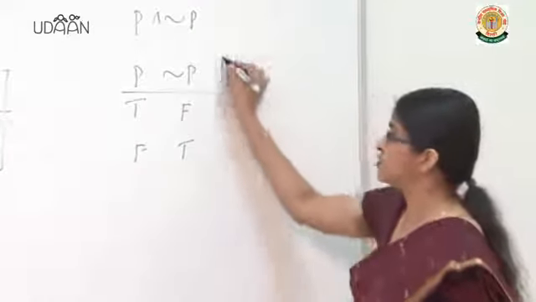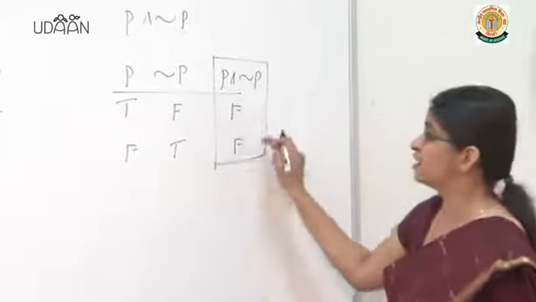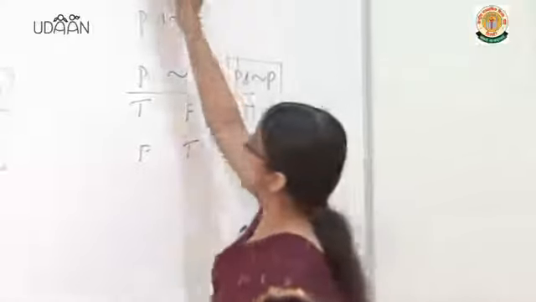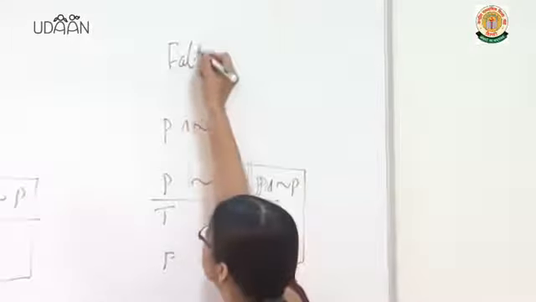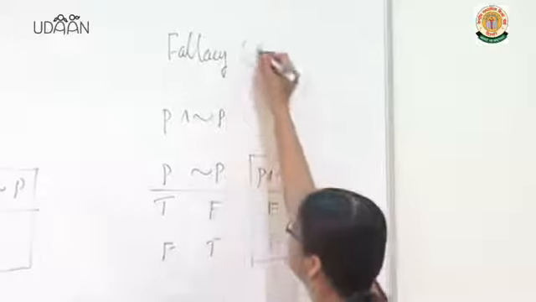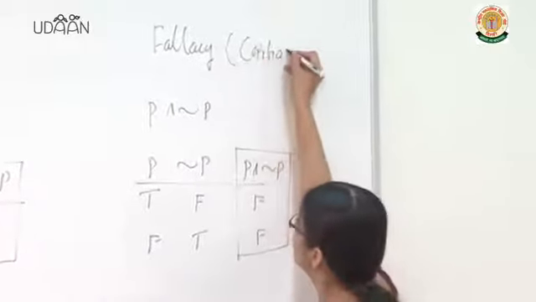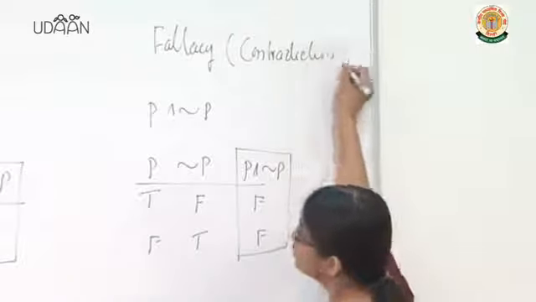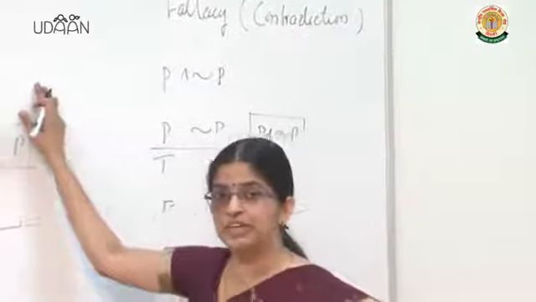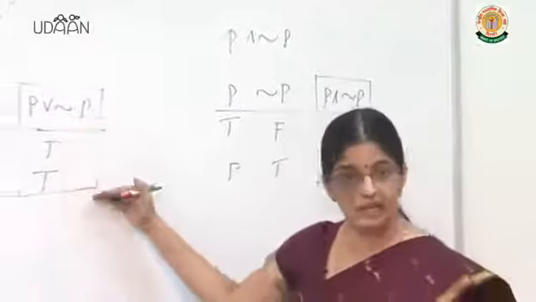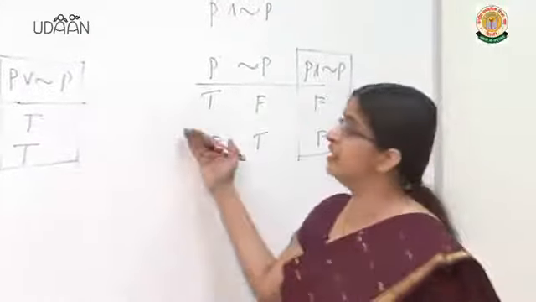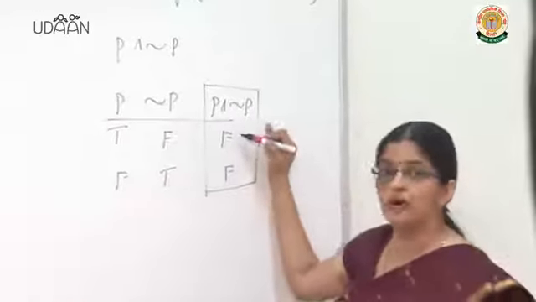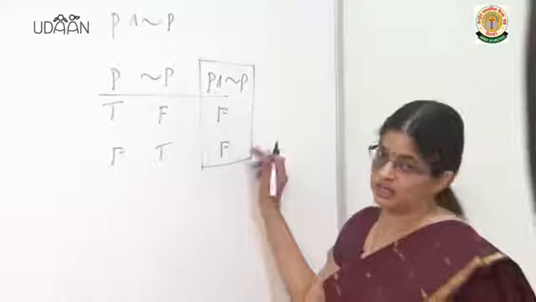When you see the last column, P and negation of P has truth value only F. Such statements are called fallacy, or sometimes contradiction also. So a tautology is a statement which has truth value T in all the cases, and a fallacy or contradiction is a statement which has truth value false in all the cases.